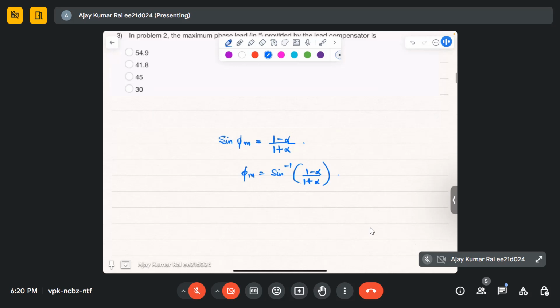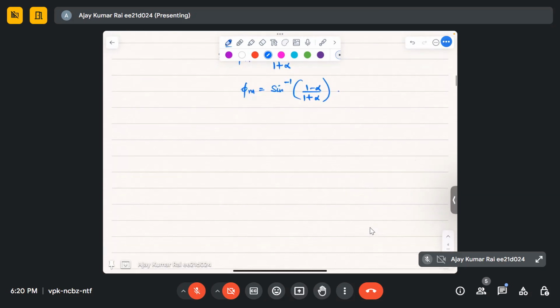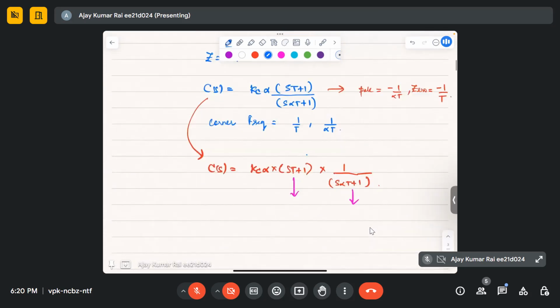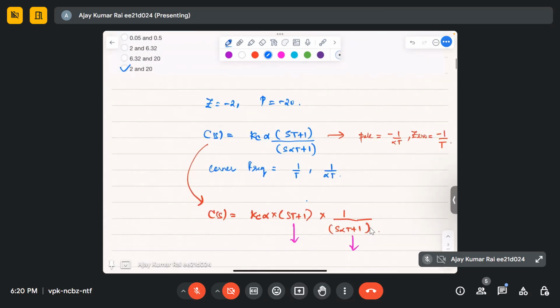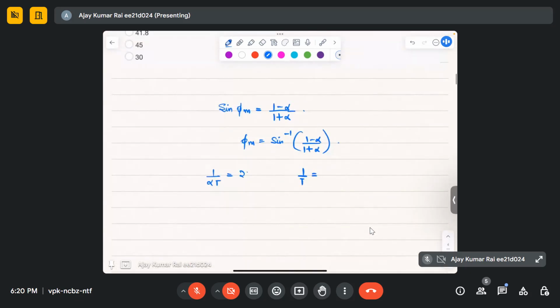For this we need alpha. From the previous question, 1 by T and 1 by alpha T are known to us: the zero is at 2 and the pole is at 20.